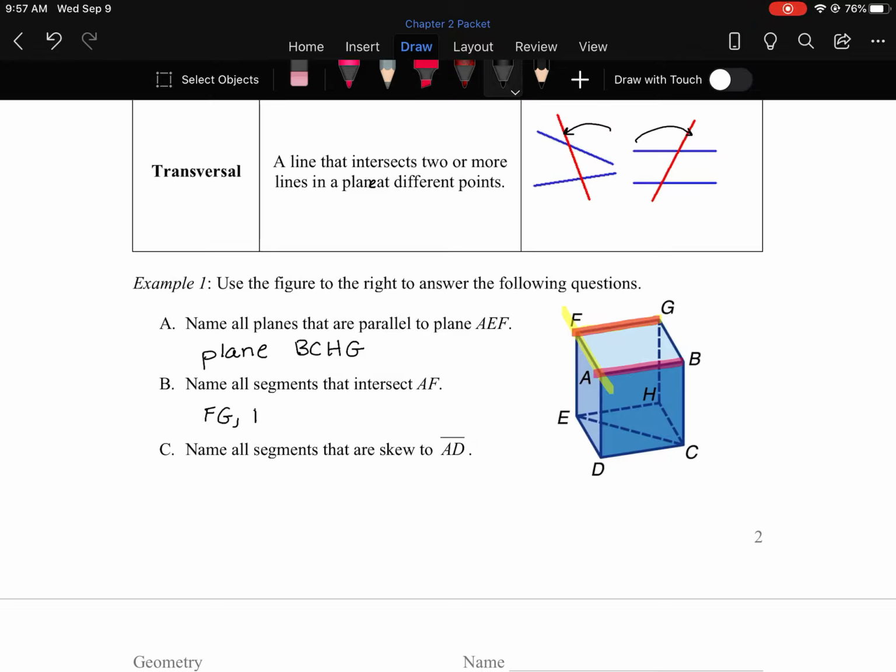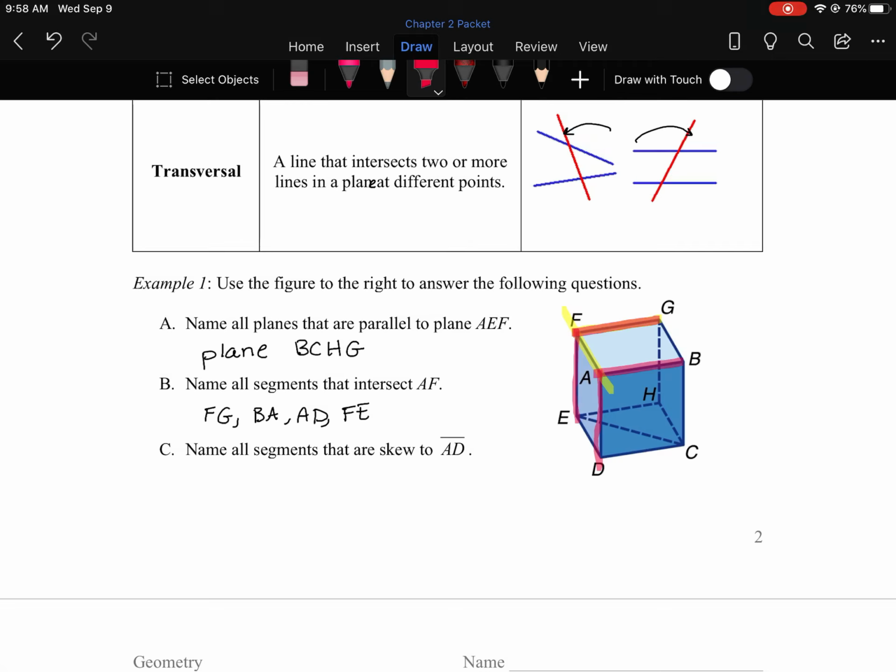BA intersects it. AD intersects it. And FE intersects it. I'm going to stop for a second and double check. Do any of the other lines touch or intersect my yellow line that I don't have highlighted? And the answer is no.